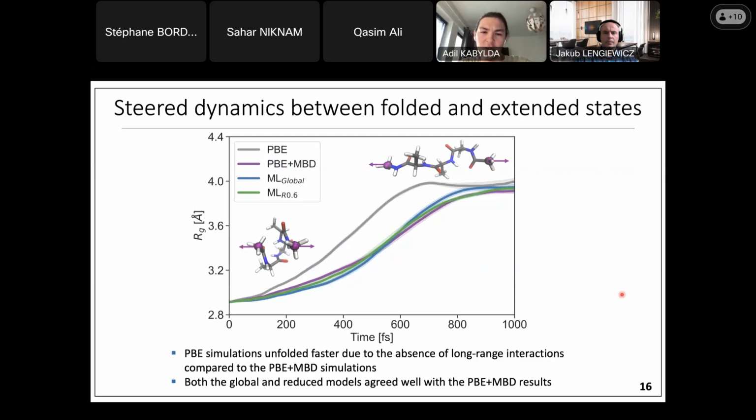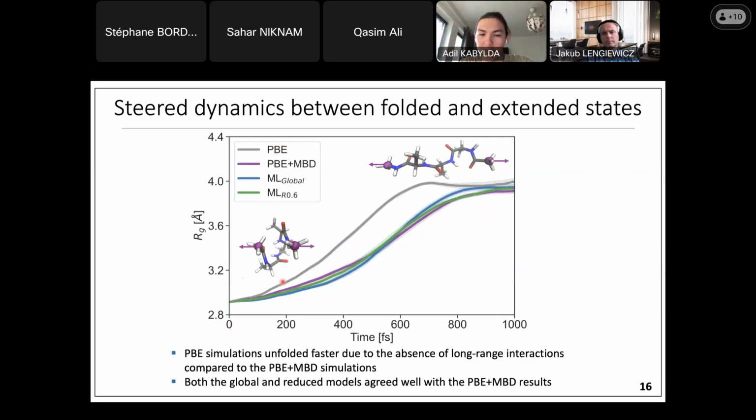So we actually performed steered dynamics between the folded and extended state of the tetrapeptide. The tetrapeptide is a molecule that during molecular dynamics folds and unfolds. And just to speed it up, we also applied a force to the 2 terminal atoms in the opposite direction to make it unfold. And we have 2 references here.